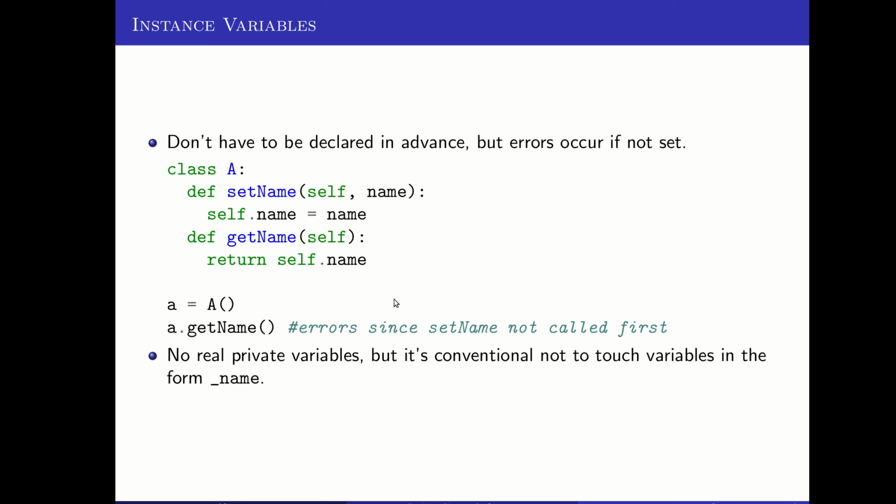There is a convention in Python that if a variable has the name underscore and then the variable name, that it should be left alone and it should be treated as private. And this is particularly important to do if you did something special, like guaranteeing that name could never be the empty string, or guaranteeing that some count variable could never be negative, or things like that.